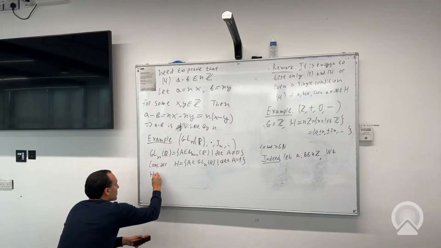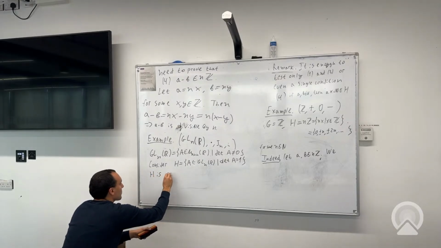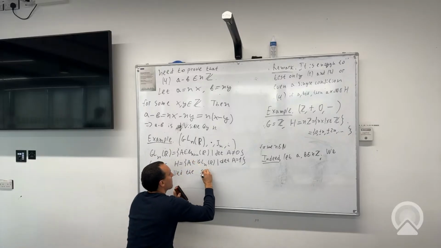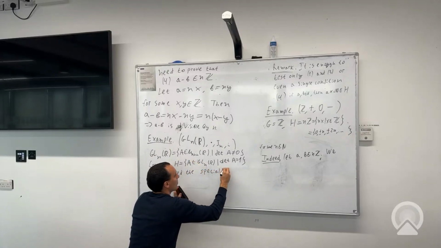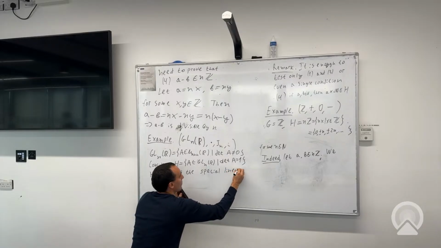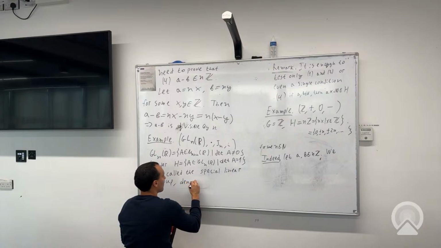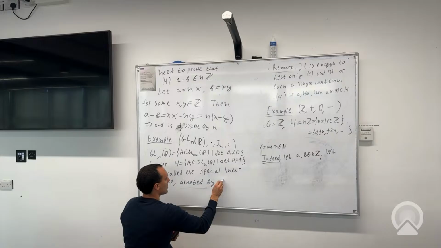Which is called the special linear group, denoted by SL.